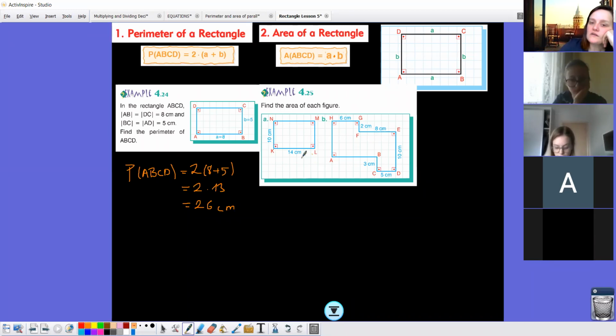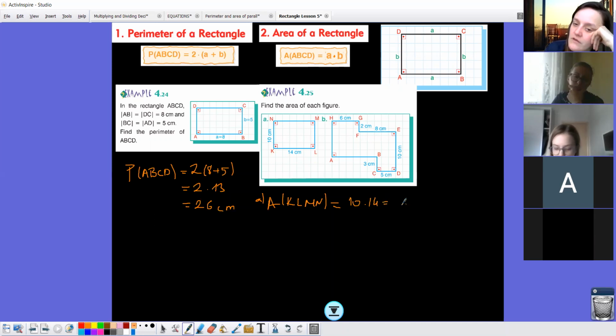Okay. Here, in this example, the area of ALMN will be 10 times 4, yes, 10 times 4, 40 centimeters square.